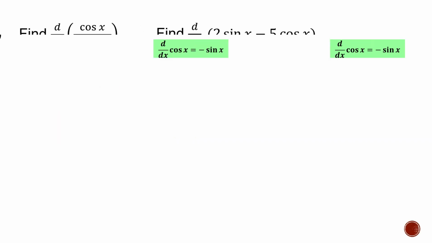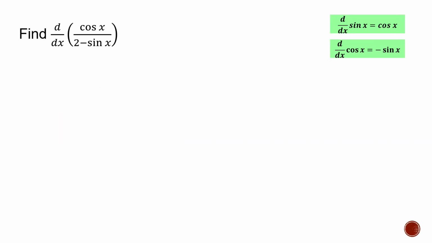Okay, let's answer the second one. Here we have cosine x over 2 minus sine x. Obviously we will apply the quotient rule here, because we have an f function and a g function. I'll write first the formula for the quotient rule. That's f prime g minus f g prime all over g square.